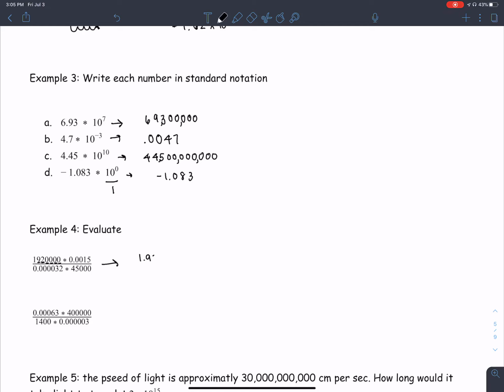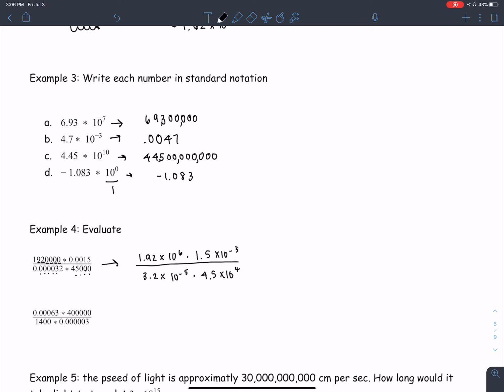So 1.92 times 10 to the 6 times 1.5 times 10 to the negative 3, over 1, 2, 3, 4, 5. 3.2 times 10 to the negative 5 times 4.5 times 10 to the 1, 2, 3, 4.